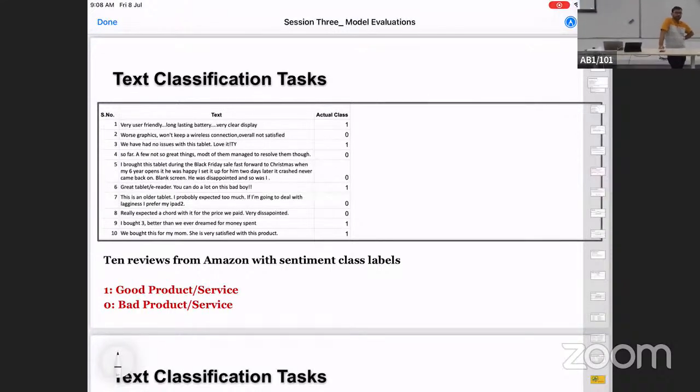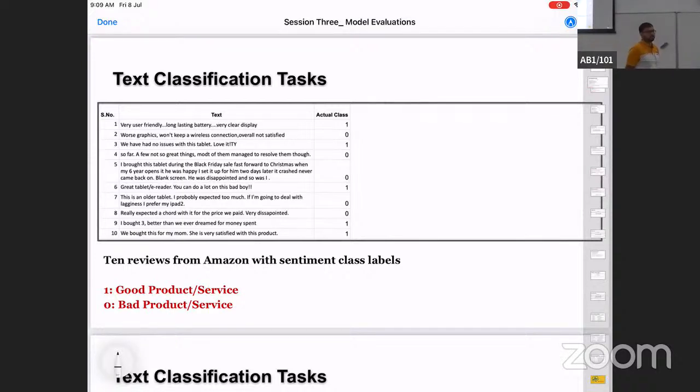To a human, remember this, what is this review's sentiment? That's what this actual class represents. Actual means the real class to a human. The motivation is that we want to create a classifier which predicts the sentiment similar to the actual class.